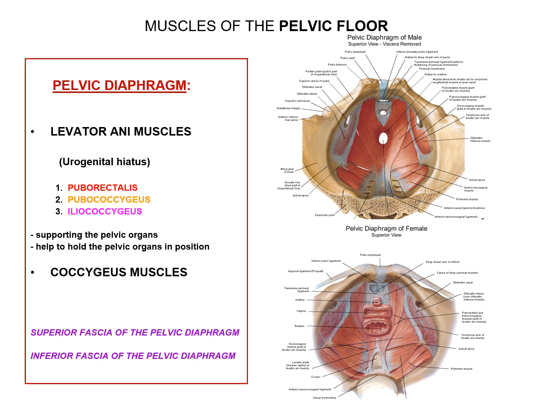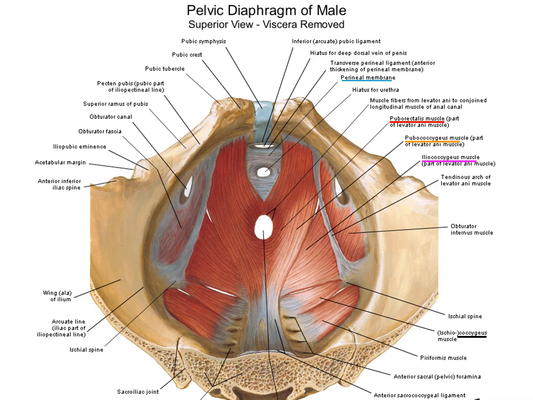The levator ani muscles are divided into three parts: iliococcygeus, pubococcygeus, and puborectalis muscle. This is the superior view of the pelvic diaphragm of male.